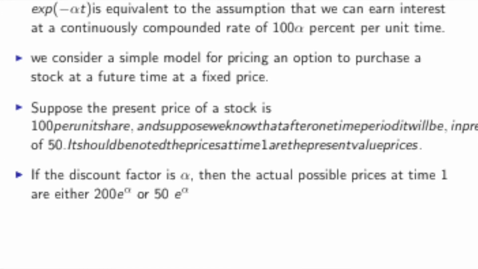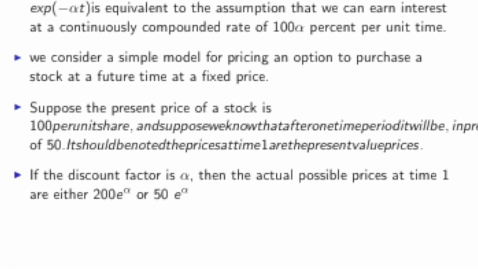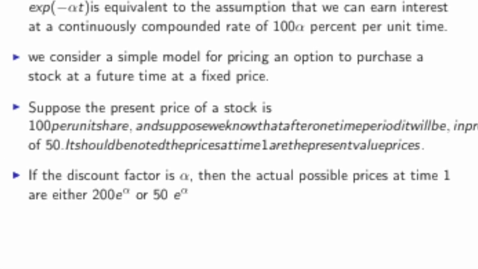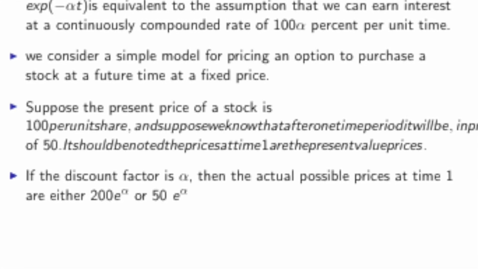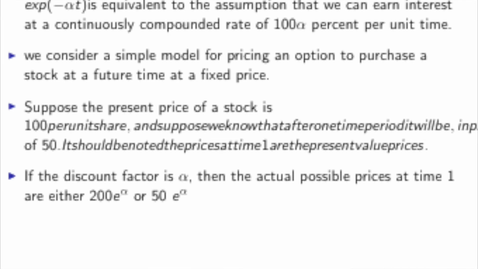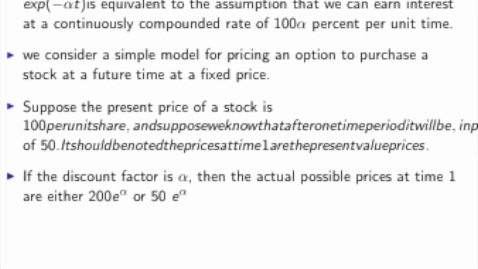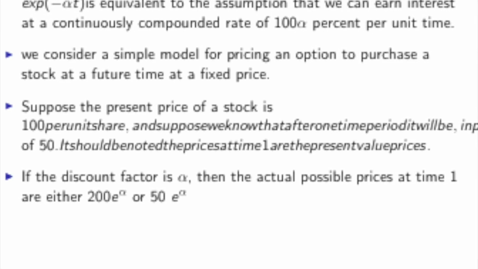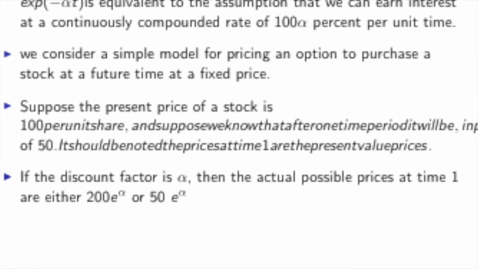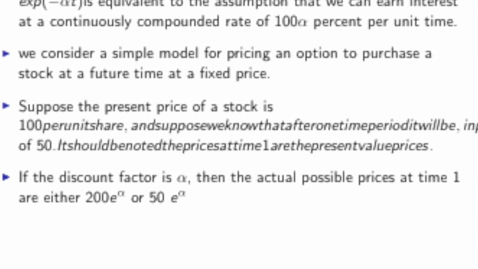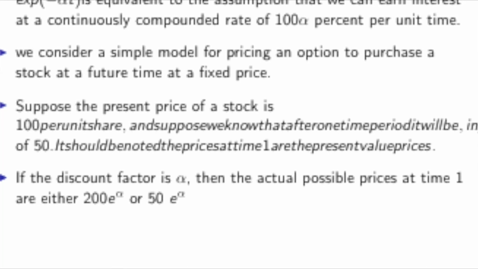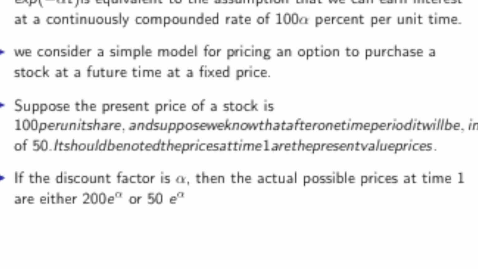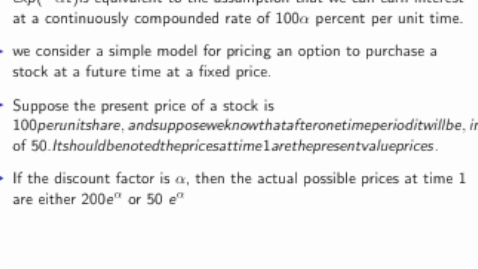We consider a simple model for pricing an option to purchase a stock at a future time at a fixed price. Suppose the present price of a stock is $100 per unit share, and suppose we know that after one time period it will be, in present value dollars, either $200 or $50.